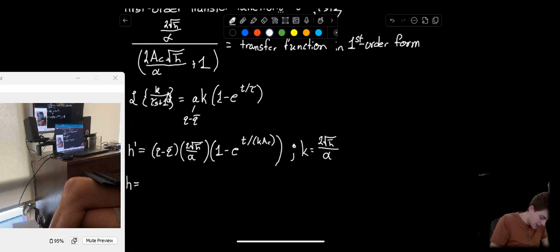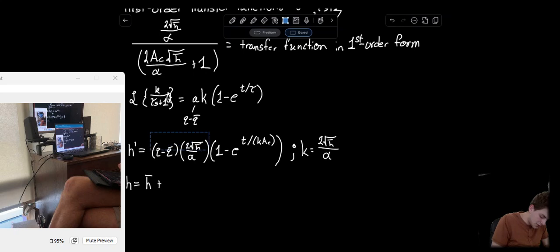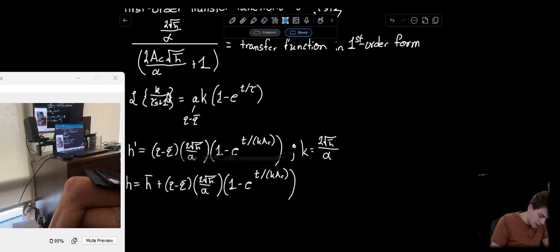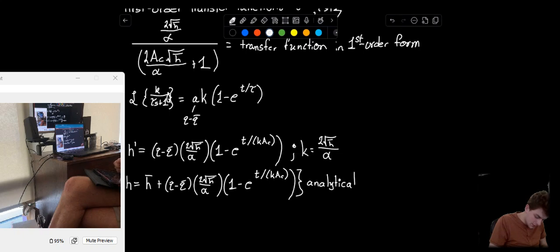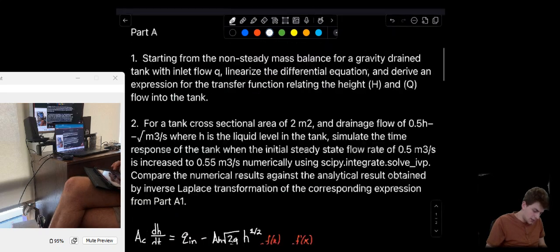If we want to find our actual height, in terms of not just how it's being displaced from its steady state value but what it actually is, we could say it's h bar plus this whole equation right here. Okay, so that is our analytical solution.